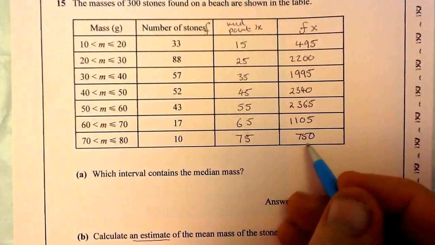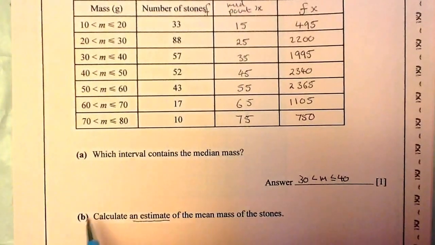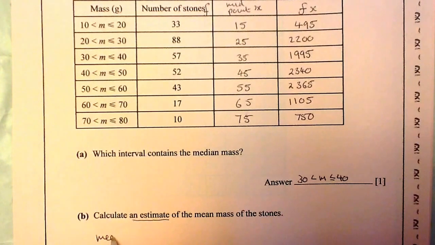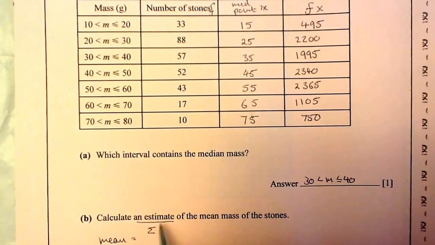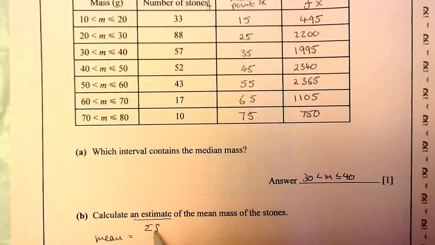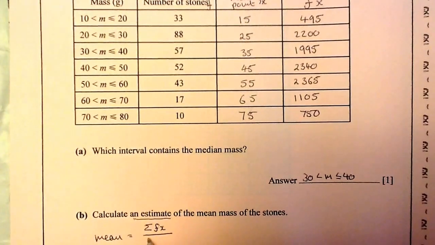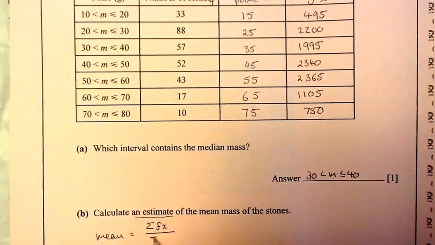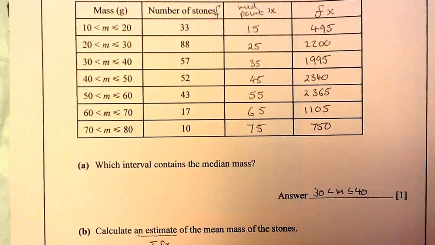So what we need to do now to work out the mean is take the total mass of stones, which we get from the fx column added up, divided by the total number of stones, which we know in this case is 300, but you would find out by adding up the number of stones, sigma f.